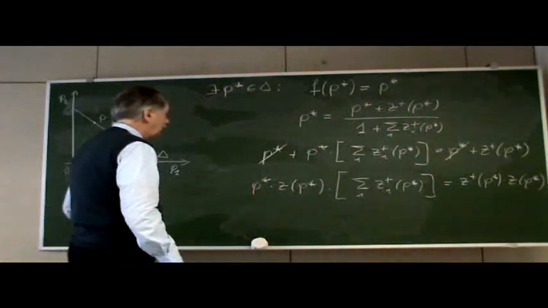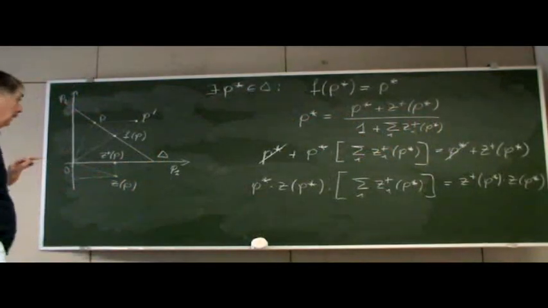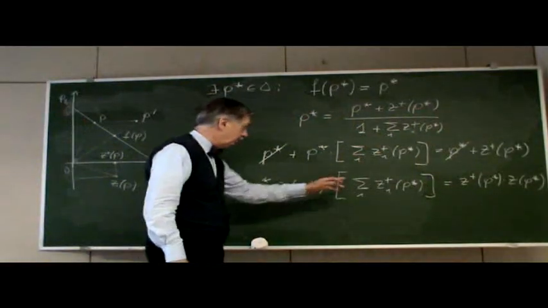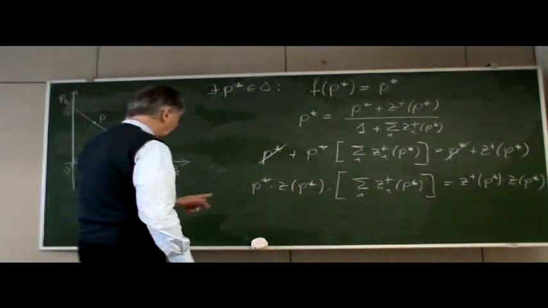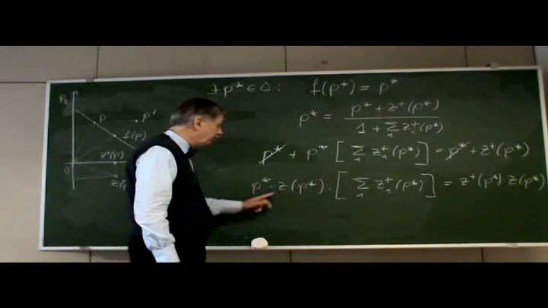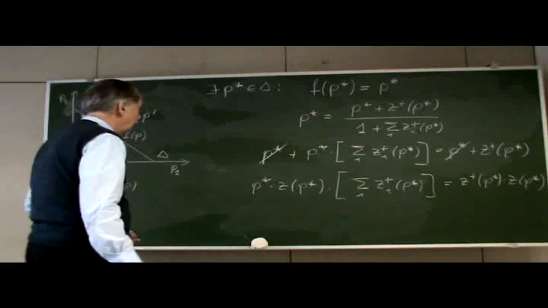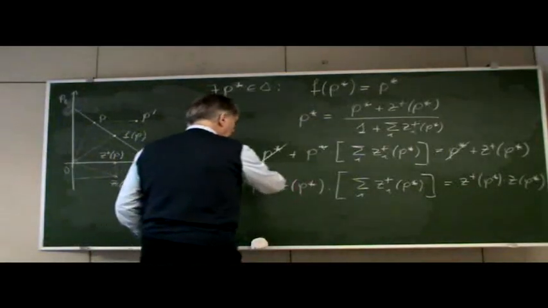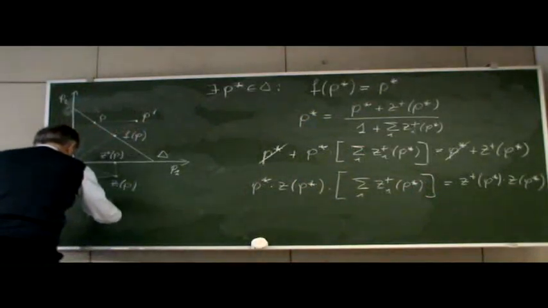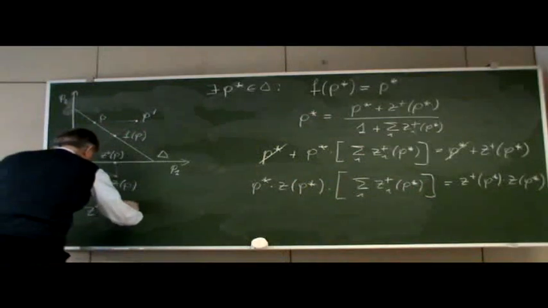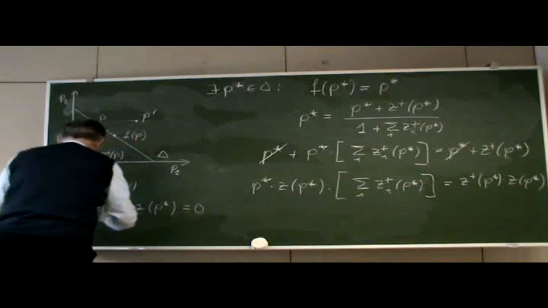Observe, I multiplied both sides of this equality by the original vector Z, not by Z plus. Why? It's simple, because by Walras' law, this inner product is equal to 0. So the left-hand member is equal to 0, and you obtain the following result. Z plus of P star times Z of P star is equal to 0.